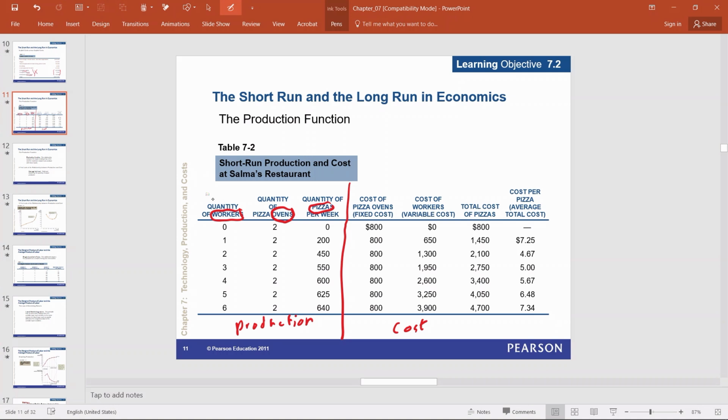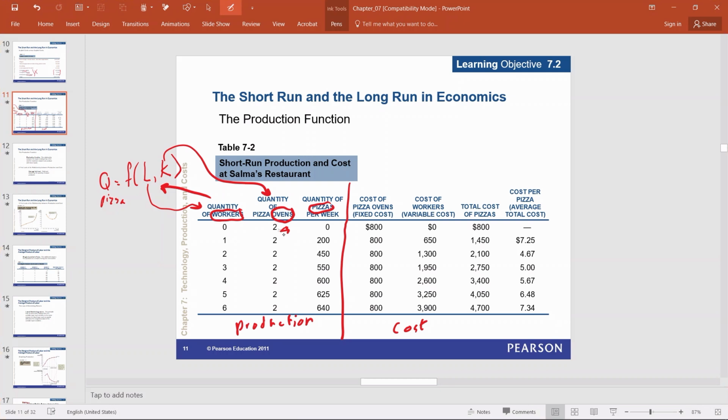So if I'm going to write the production function of this activity, the amount of pizza or quantity of pizza is a function in labor and ovens, which is capital. So L is workers and K is capital because this oven, they purchased it to produce pizza, and they have two ovens.